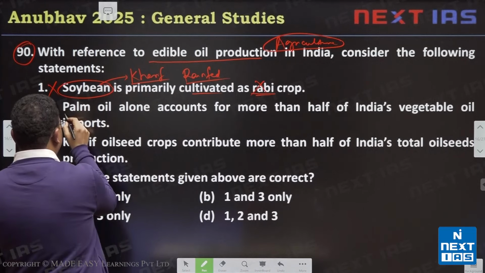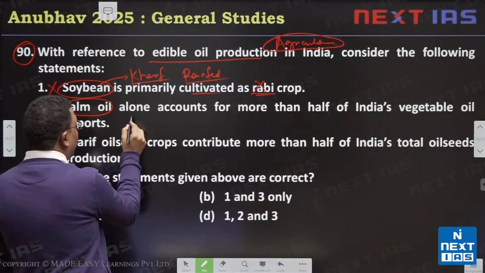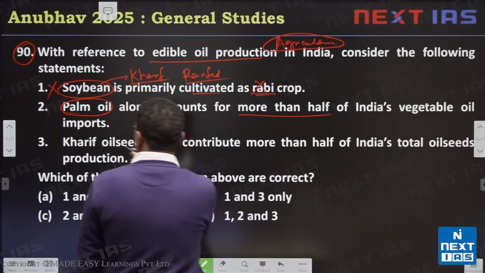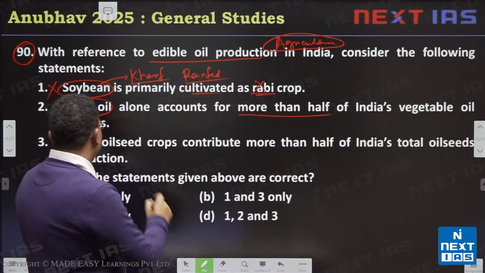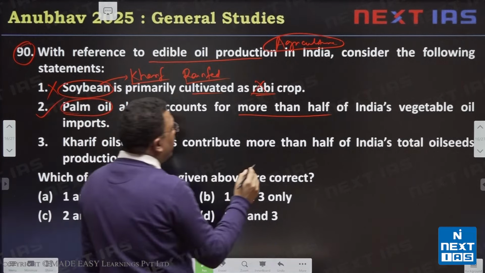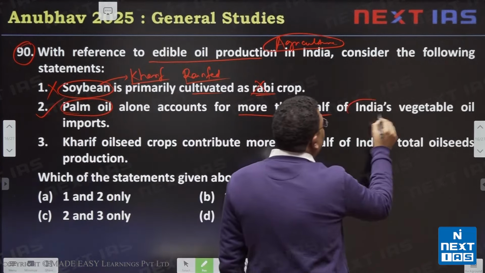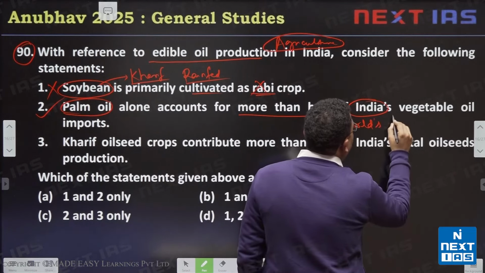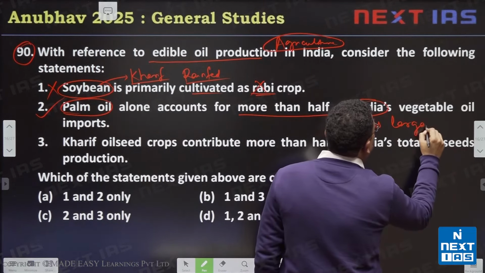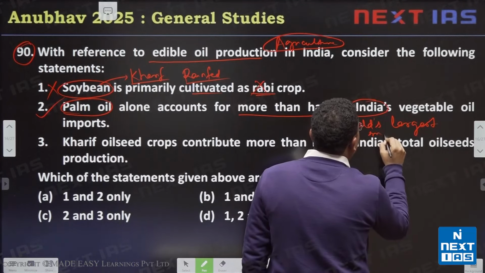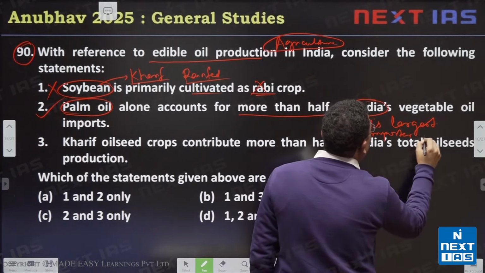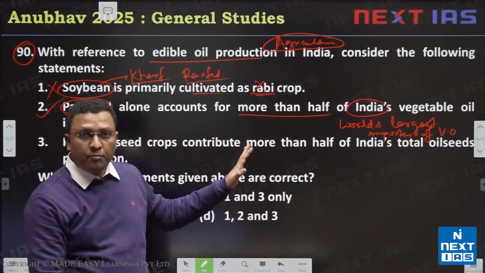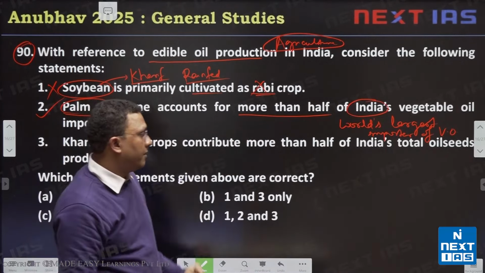Now let's read the second statement. Palm oil alone accounts for more than half of India's vegetable oil imports, right? This is a correct statement. India, if you see, is the world's largest importer of vegetable oils, right?